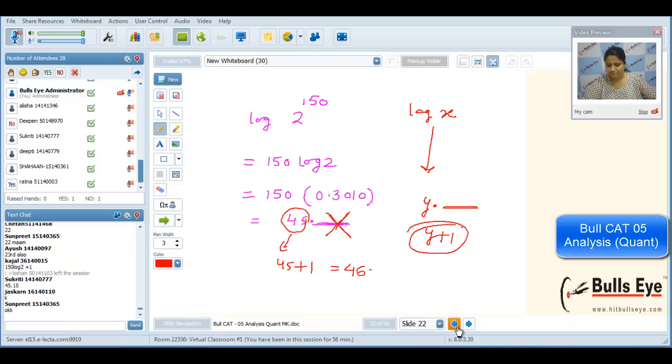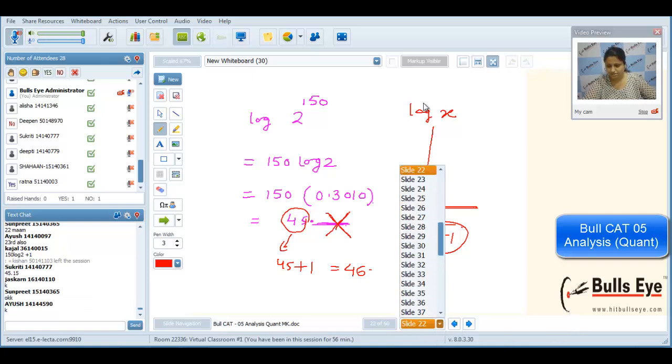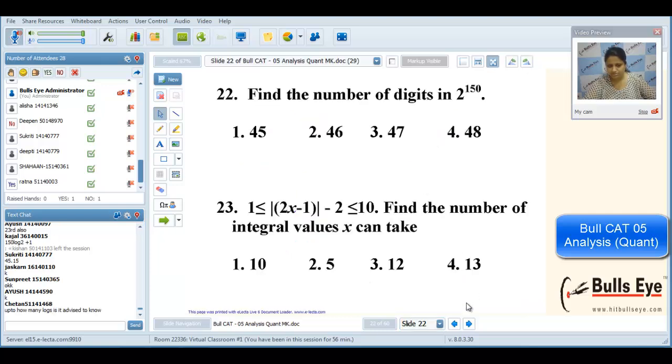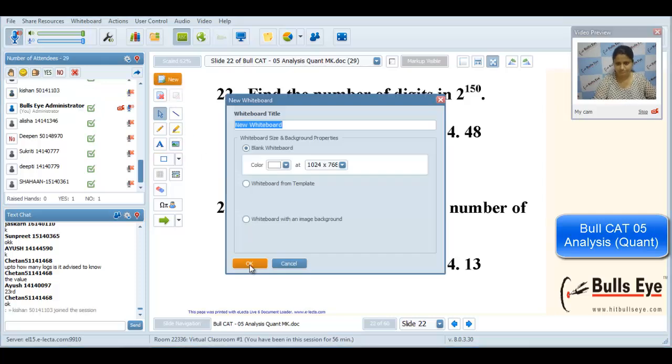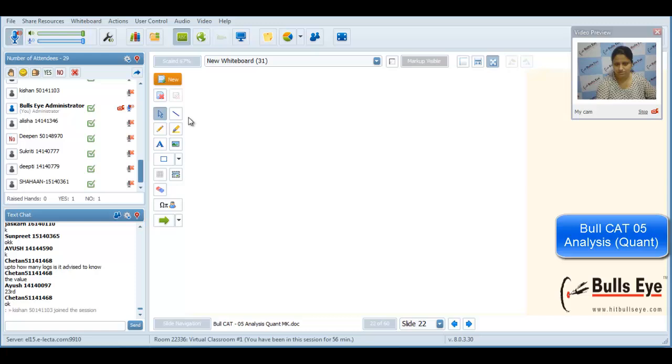Now come to the PPT again. Up to 10, Chetan, I think it will do. Now 23rd question. It was 1 less than or equal to |2x minus 1| minus 2 less than or equal to 10.